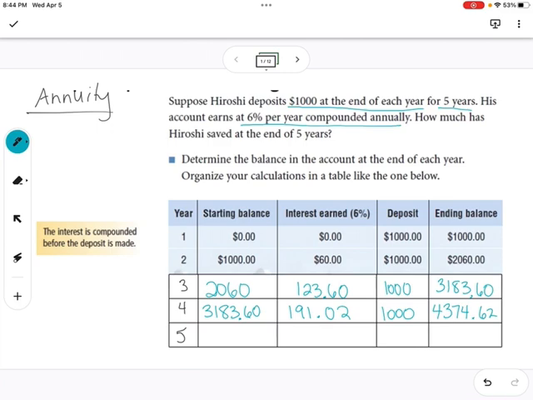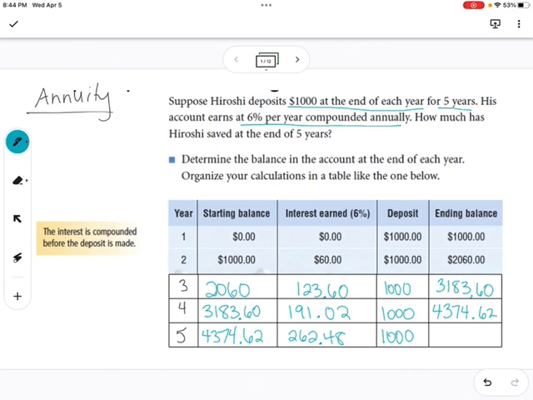Carry that amount into year 5. That gets multiplied by 0.06. And we get $262.48. And again, another $1,000 is deposited.